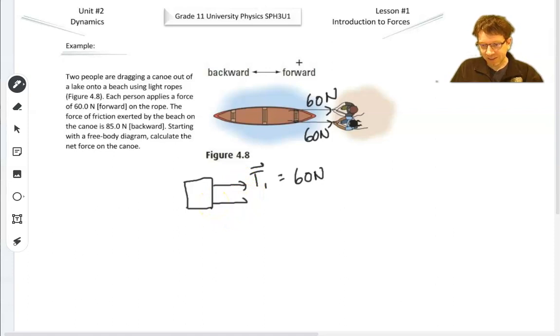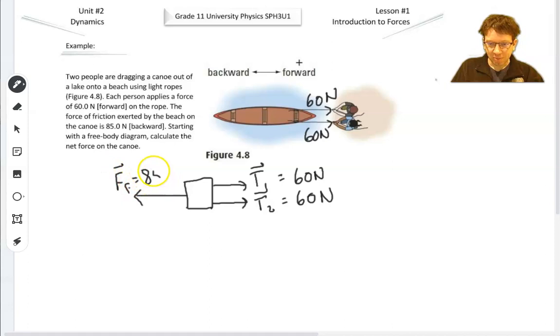And then the next one, tension 2, let's call it, is also 60 newtons. And then we have a force of friction. Now this one should be longer. When you draw your free body diagrams, you don't have to draw them to scale, but if one force has a greater magnitude, then the length of that arrow should be longer. So here's our force of friction, which is 85 newtons backwards.